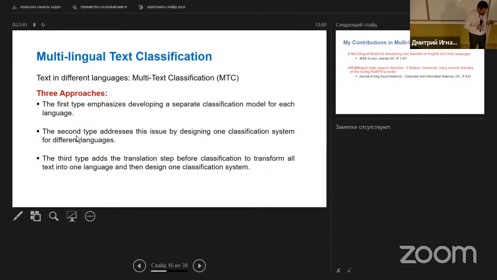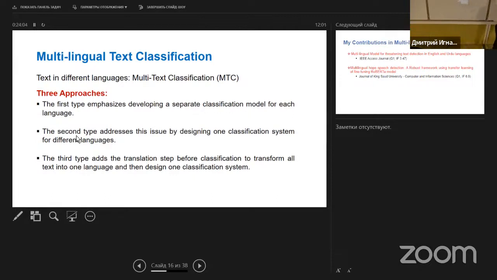Here we have an annotated dataset in multiple languages. We are going to design a classification system for more than one language, and usually this paradigm is applied for under-resourced languages. So there are three approaches in multilingual text classification.